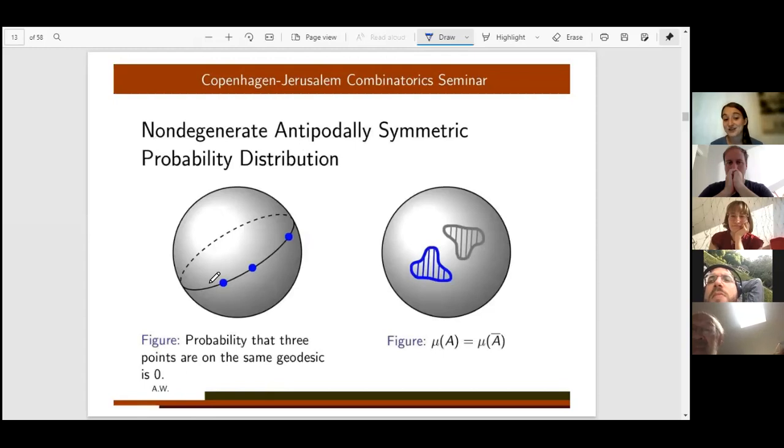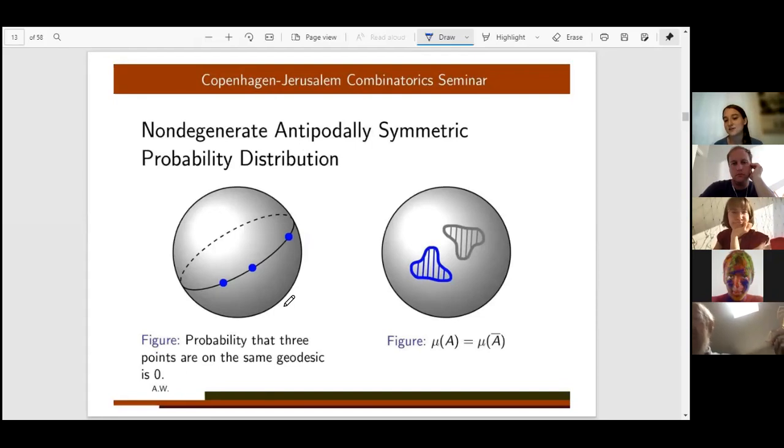We say non-degenerate in the plane if no 3 points are collinear. And here it's similar. We say no 3 points are on one great circle, so basically no 3 points have the same geodesic circle.